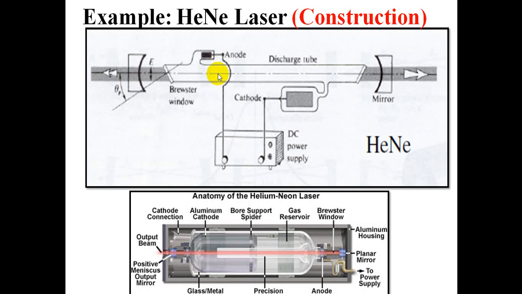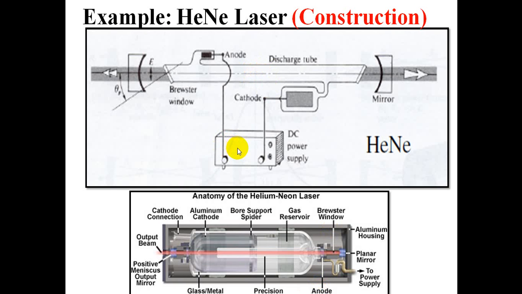The tube size is about a few millimeters in diameter and 0.1 to 1 meter in length. The pressure of the gas mixture in the tube is maintained at about 10 torr.